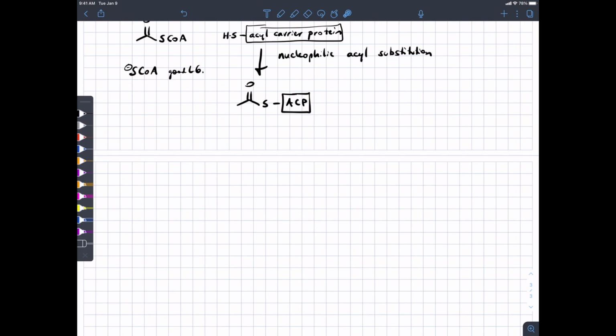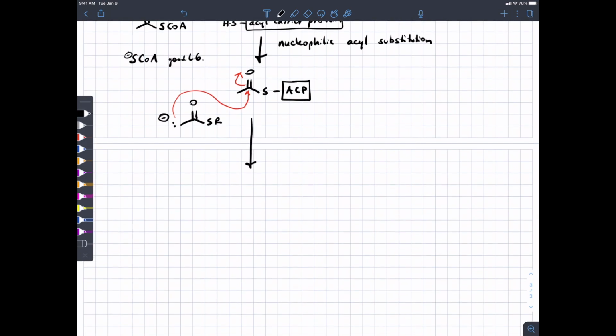All right, so once we've loaded acetyl-CoA onto the acyl carrier protein, there's another step, and this is the Claisen step. Now, in a Claisen reaction, we would use an enolate, and we would have that nucleophile attack the carbonyl carbon to give a tetrahedral intermediate, which would look like this.